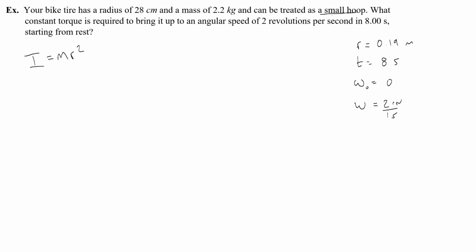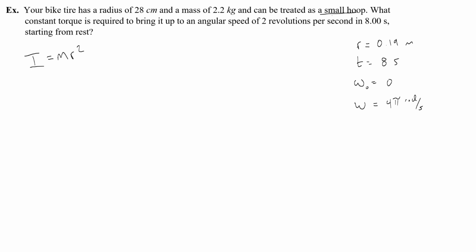Hopefully you've figured out how to quickly convert revolutions per second into radians per second. Basically, 1 revolution has 2 pi radians. So this would be 2 times 2 pi rads for every 1 rev, or 4 pi radians per second for your final angular velocity.